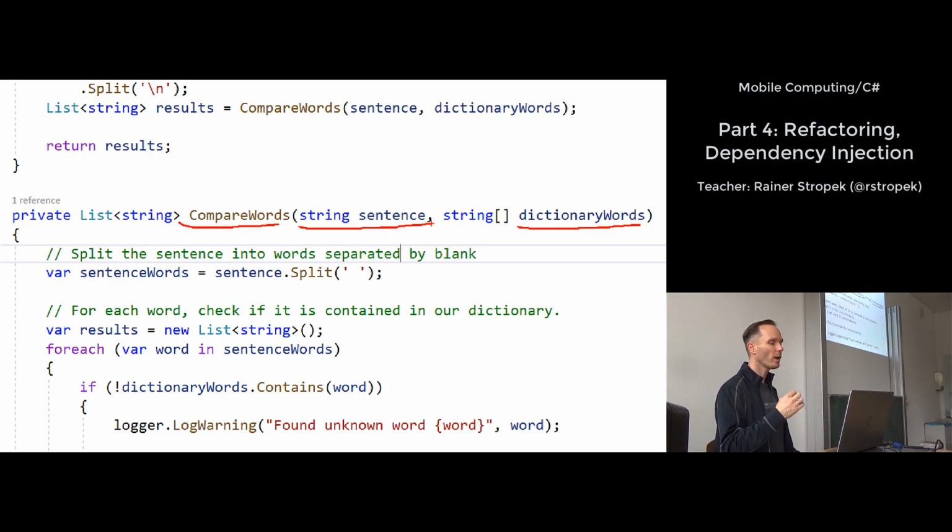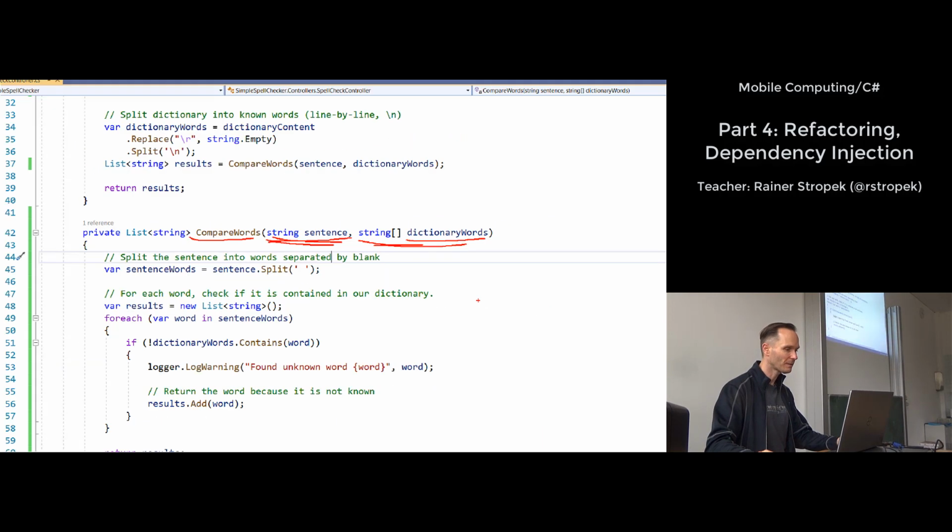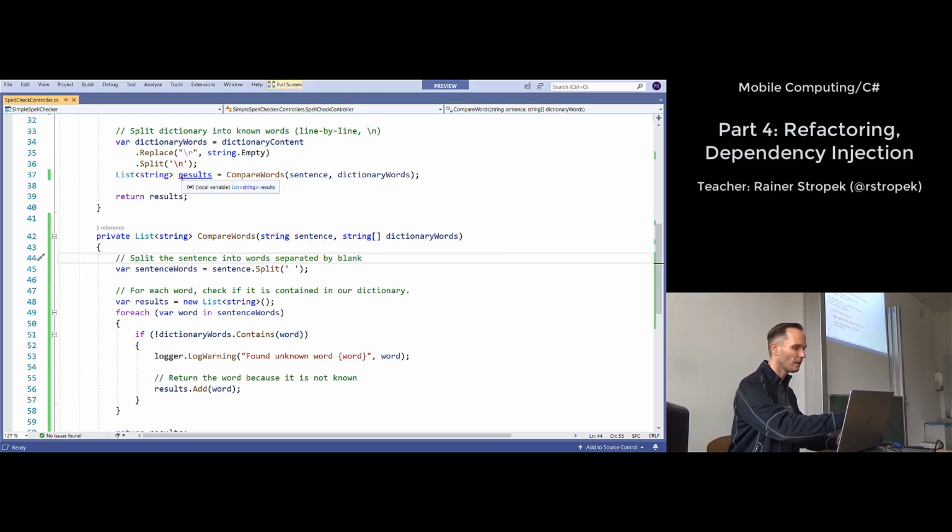You should avoid code where you have different levels of abstraction. Here you have the ready-made dictionary words. Here you get something which has to be split. Get the idea? So if you cut the functions like this, I don't like that, because one of the split mechanisms is outside here and the other split mechanism is inside. See that one? So you are mixing the levels of abstraction, and this is not good coding style.